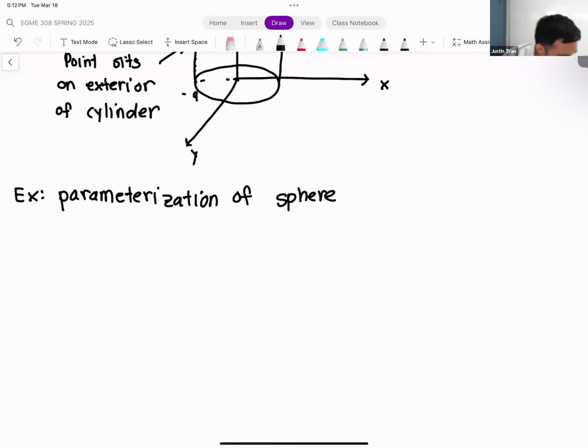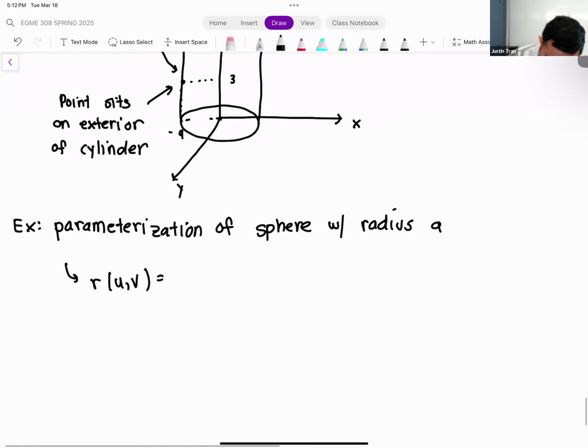Okay, so let's say that our sphere again has a radius a. So a is just some generic number. And so our parameterization for this, r of u and v, is equal to: the x value here is a times cosine of v times cosine of u.